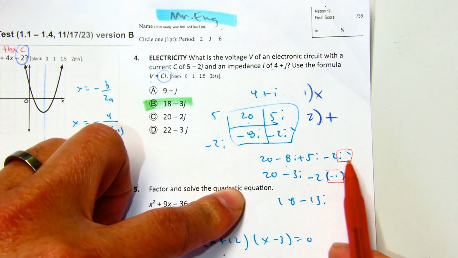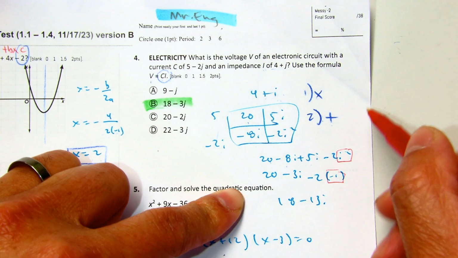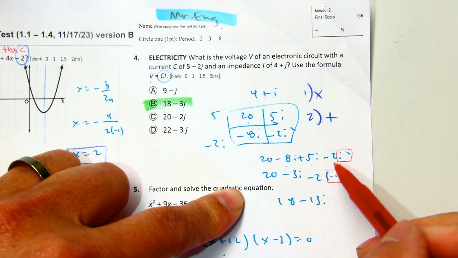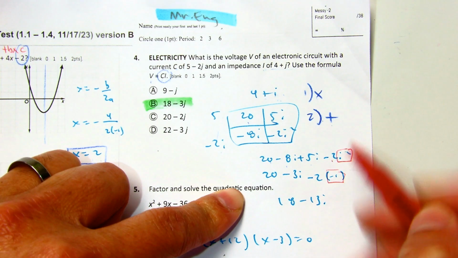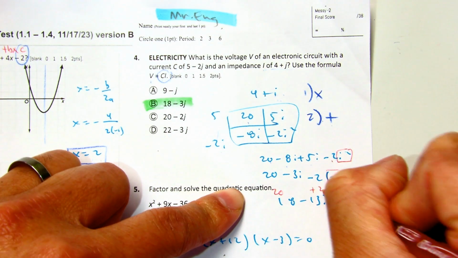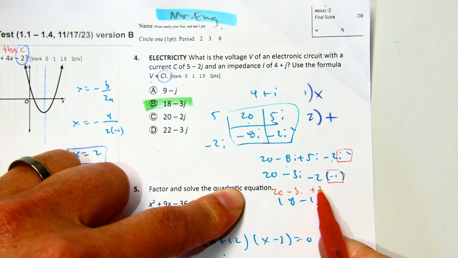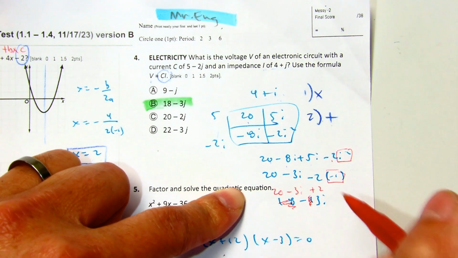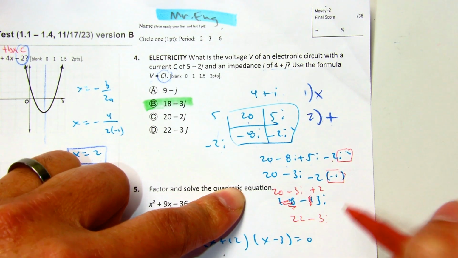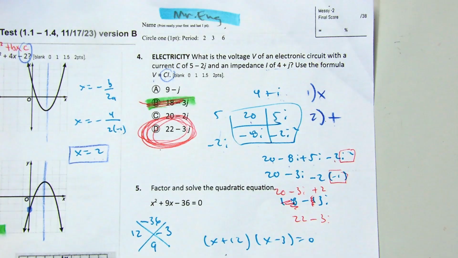So that's multiplication. Negative 2 times a negative 1 is a positive 2. So 20 plus 2 minus 3i. So that should be 22 minus 3i. So it is D. I need to go back and make sure that's correct on your papers.